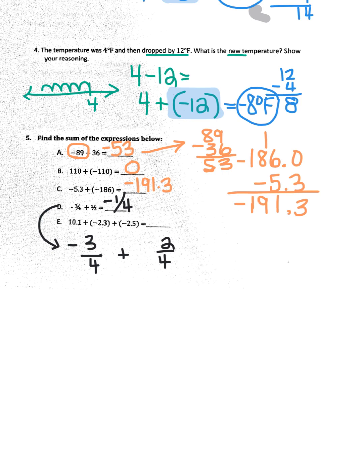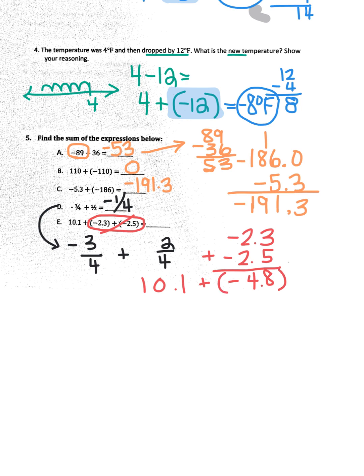Last one, like we talked about in class, I like to add the ones with the same signs first. Because when I'm adding things with the same sign, I know they're going to stay negative, right? I have negative 2.3. I'm going farther in the negative direction. So I can add them like normal and keep that negative sign. Then I'm going to add it to 10.1.